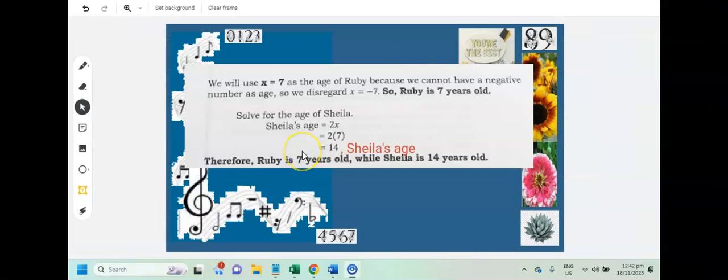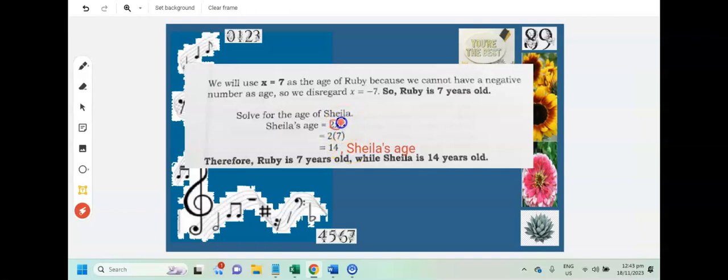Now we solve for the age of Sheila. Unsa gani ang representation para sa age of Sheila? Yes, ang representation para sa age ni Sheila is 2x. So we say and we write Sheila's age is equal to 2x. Then we substitute x with the value of x, which is 7.